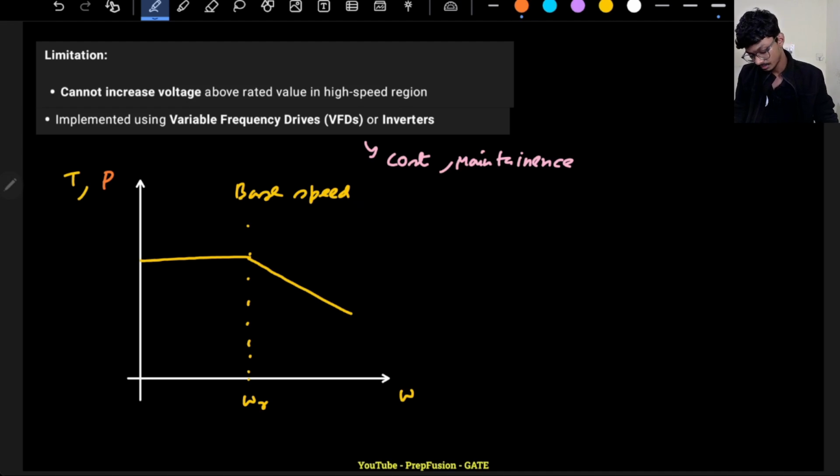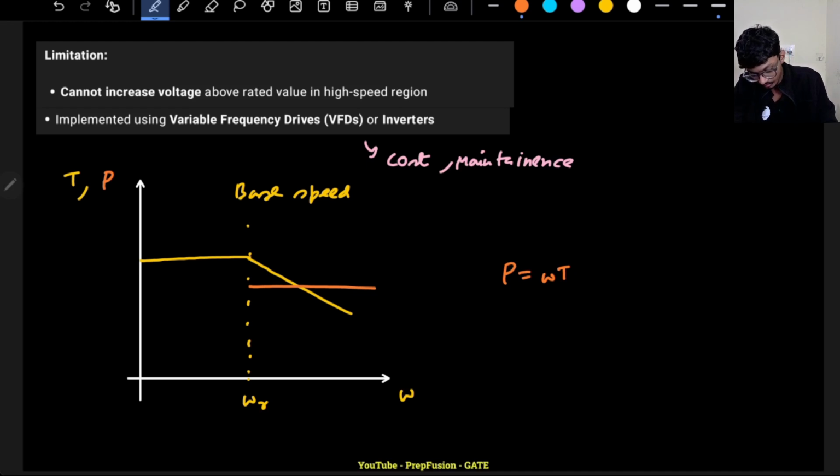What about the power? Above base speed, the power is constant, because what is power? Power is 3 I2 squared R2 dash divided by S. So it is basically proportional to voltage. Voltage is constant, so the power also will be constant. Below base speed, what is happening? I know my developed power is omega into T, torque.